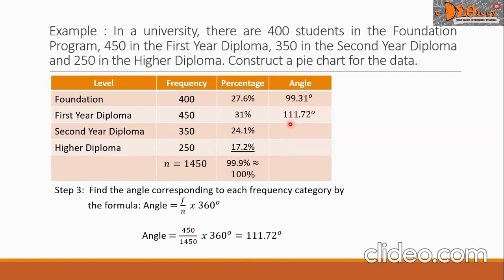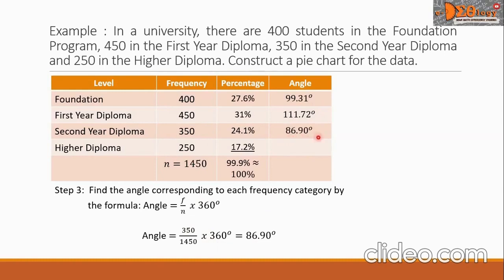Next, for this blank, we will follow the same formula. So we will get 111.72 degrees. We will get this when we have 450 divided by the n, 1450, times 360 degrees. The next is 86.90 degrees.